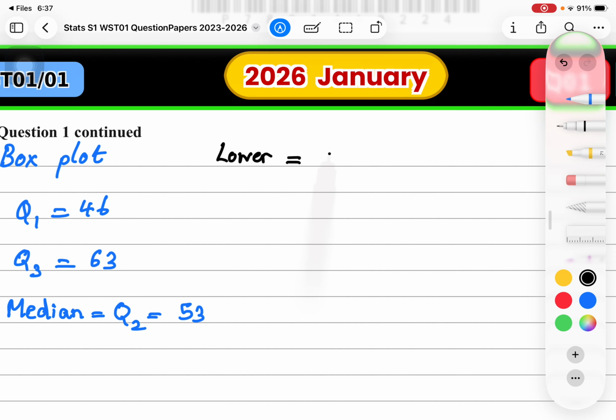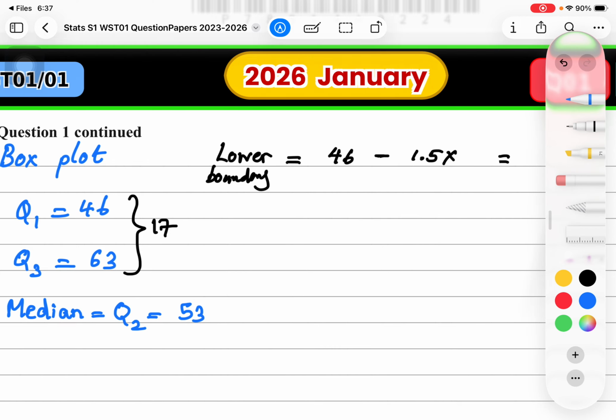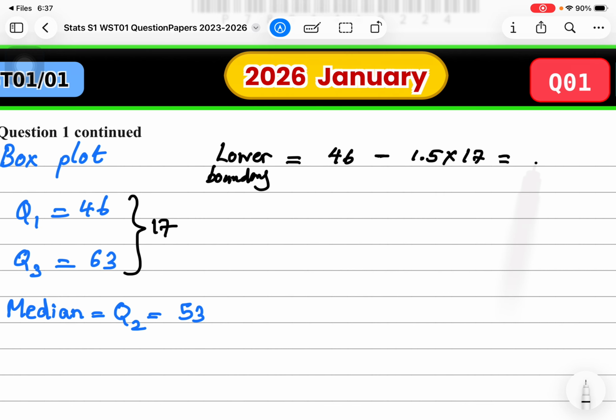The value they provided was 17. So the lower boundary will give us 20.5.